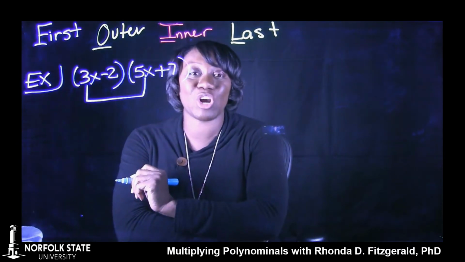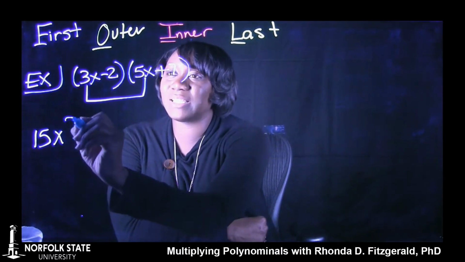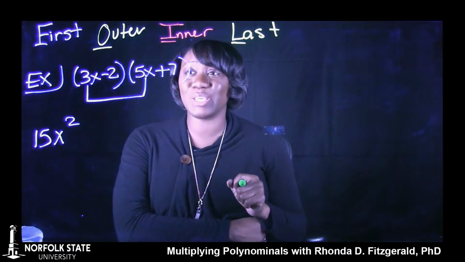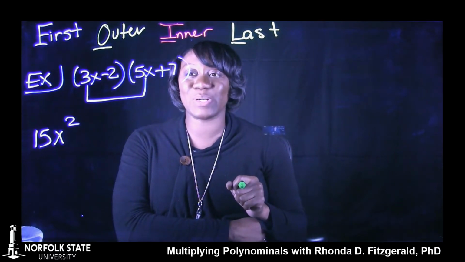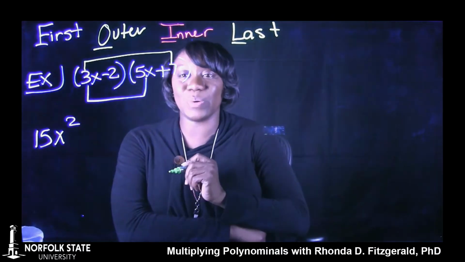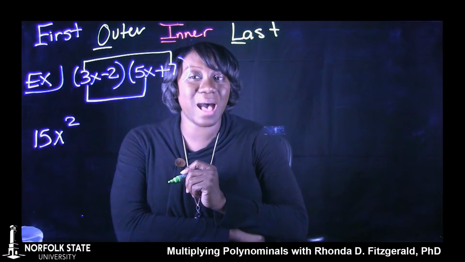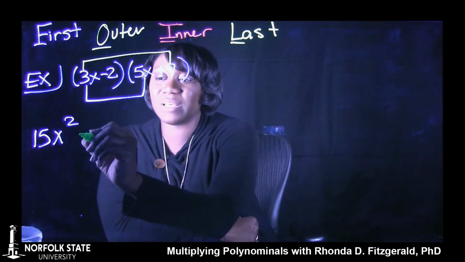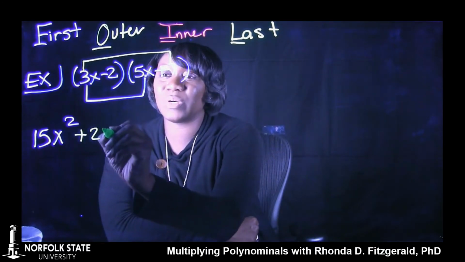That's our first term. We multiply those together and we get 15x squared. Next, we want to use our outer terms. And our outer terms are the 3x and the positive 7, which will give us a positive 21x.